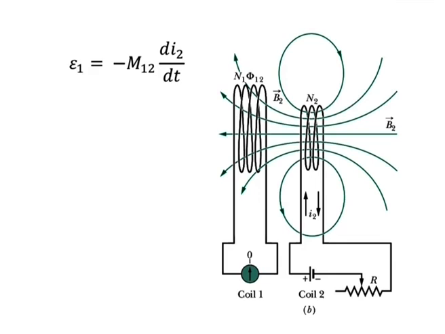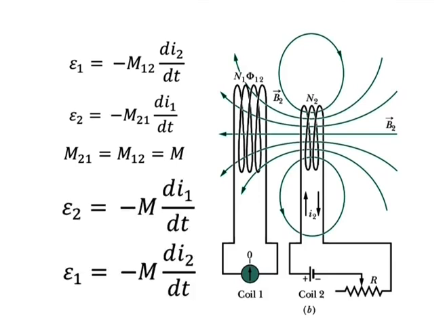The proportionality constants M21 and M12 seem to be different. However, they turn out to be the same, although we cannot prove the fact here. Thus, we have M21 is equal to M12, which is equal to M, and we then can write epsilon 2 is equal to minus M into dI1 upon dt, and epsilon 1 is equal to minus M into dI2 upon dt.